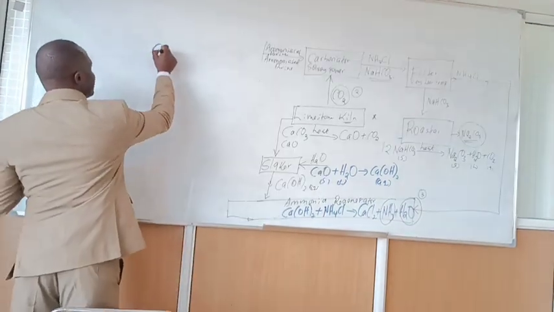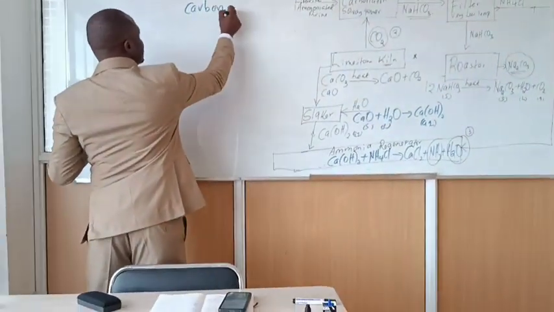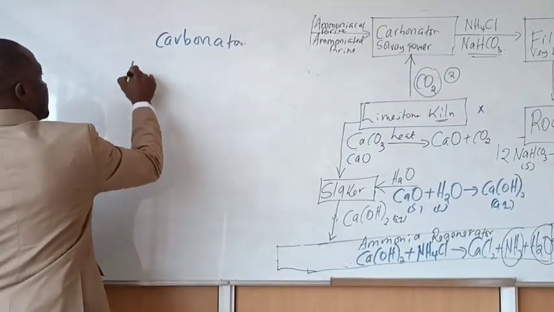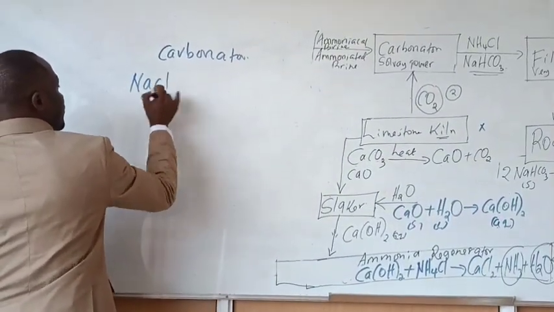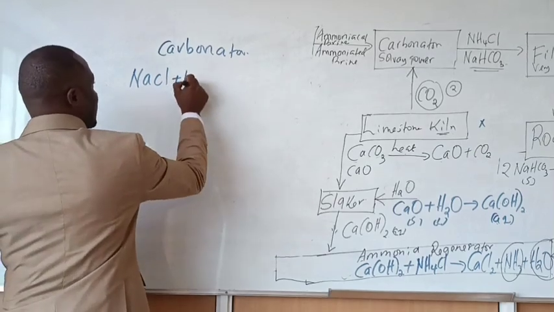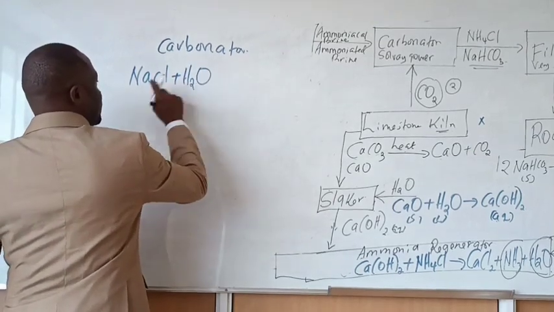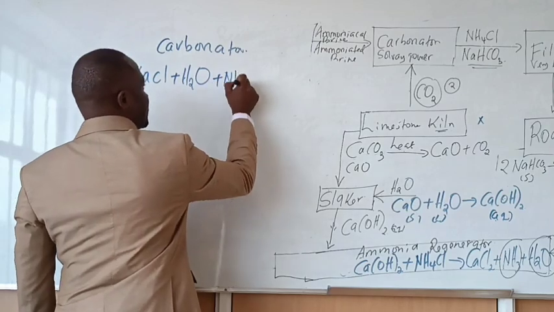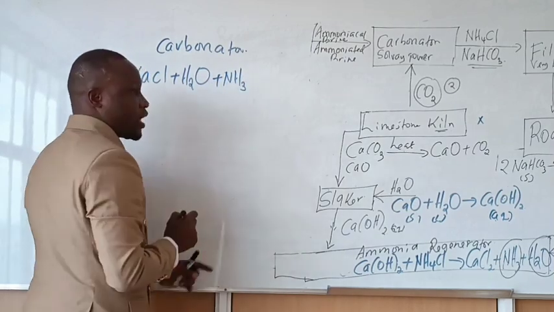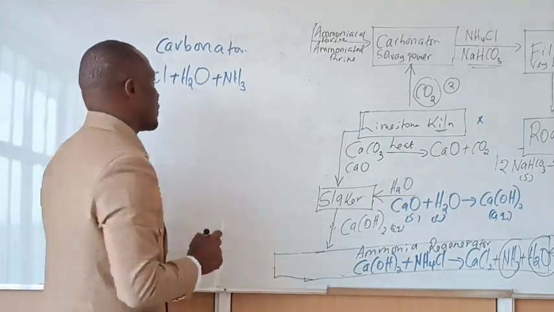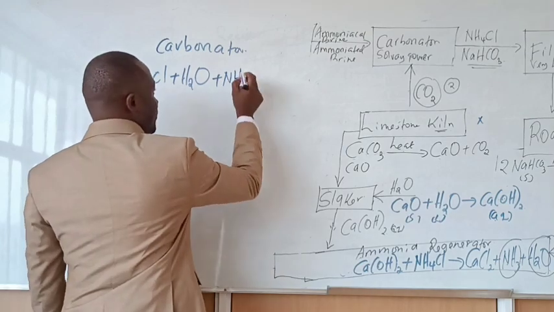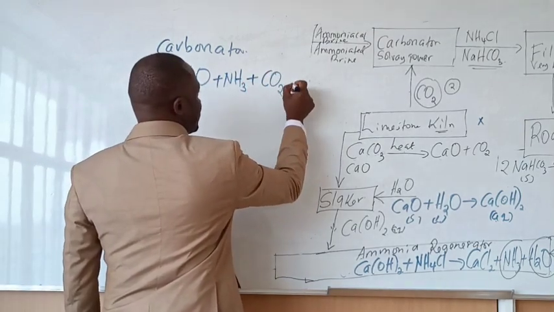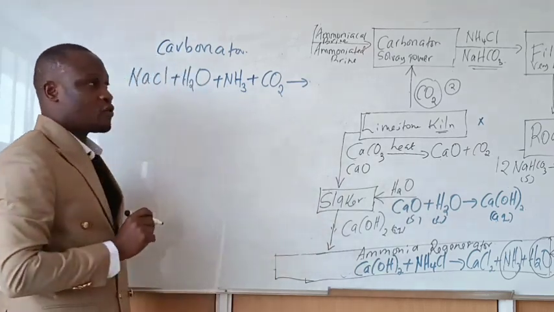In the carbonator, sodium chloride, concentrated in water, what we call brine, mixes with ammonia from the ammonia regenerator or from the main source, which I will mention briefly, and then mixes with CO2 from the limestone kiln.